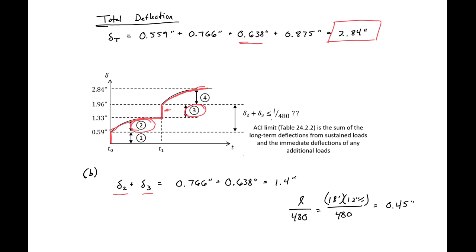So we can see that our deflection is greater than the deflection limit. So we are no good. If we were designing this beam and this structure to support a sensitive element, we would need to make the beam deeper in order to make it stiffer so that we could limit our deflections.